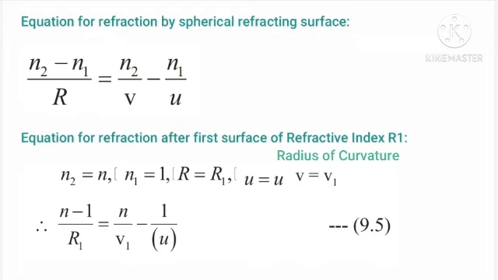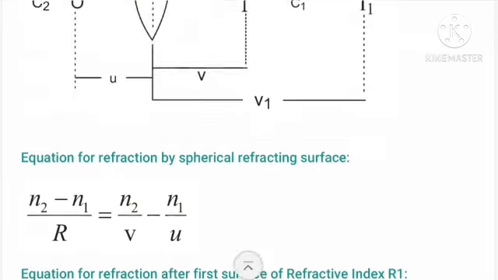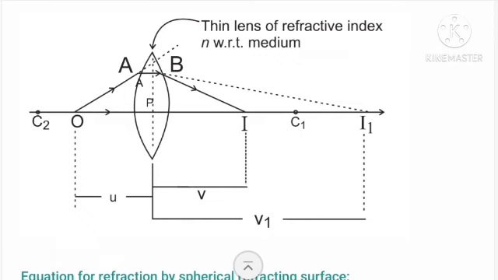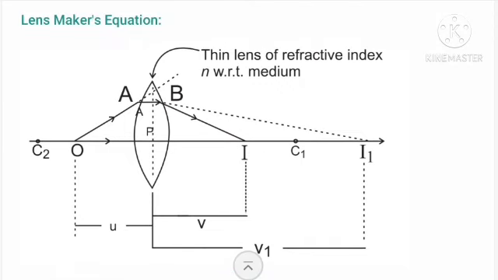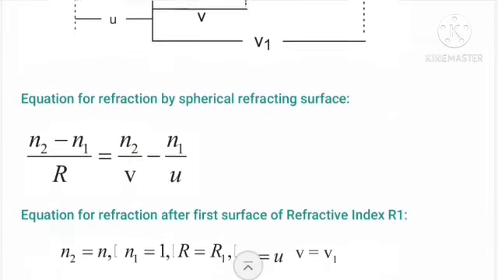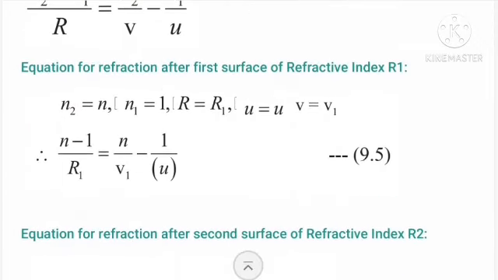This holds true for the first refracting surface, when ray OA bends towards the principal axis and gives a virtual image at I1.